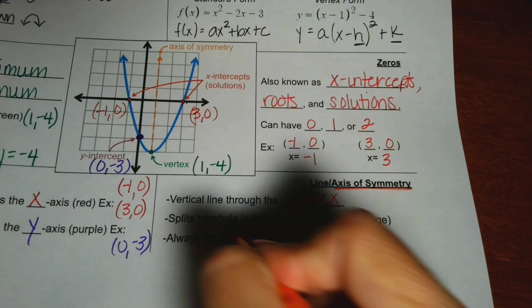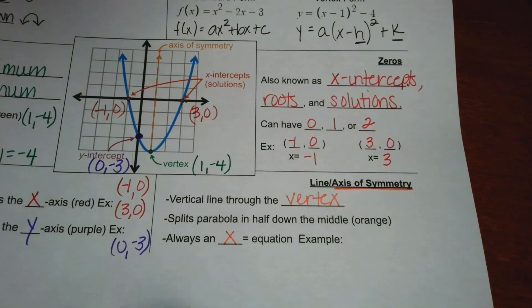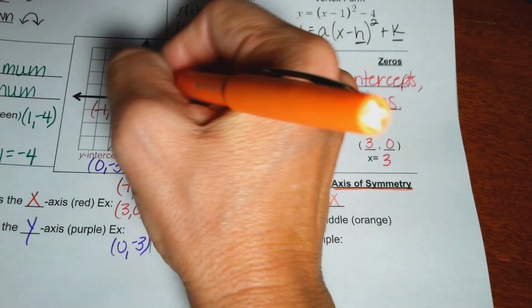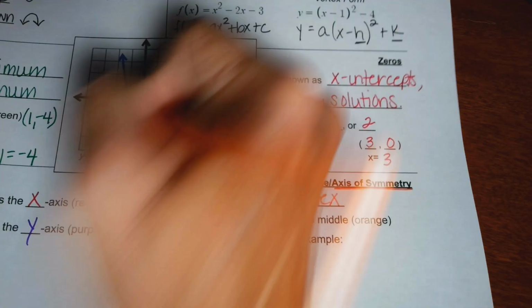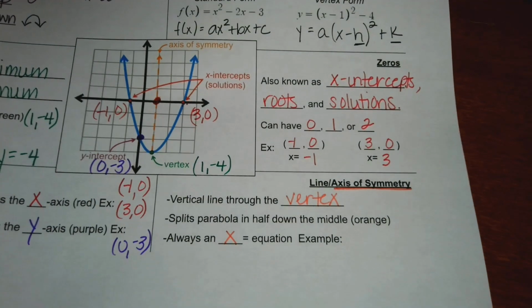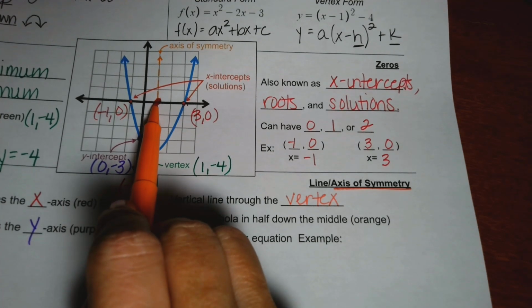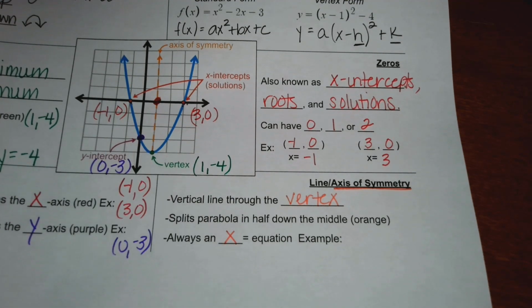Always an x equals equation. So the axis of symmetry will always intersect the x-axis. Always, because it's a vertical line. So you can see this orange line only touches the x-axis. It's never going to intersect the y-axis.